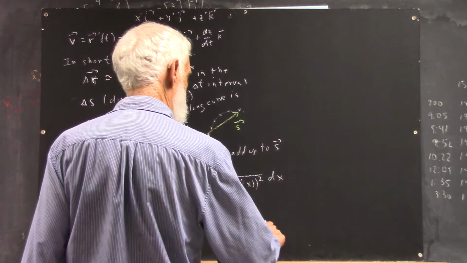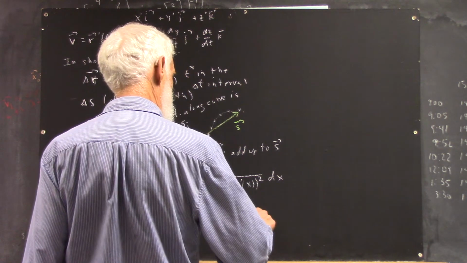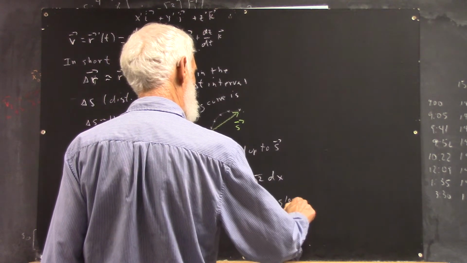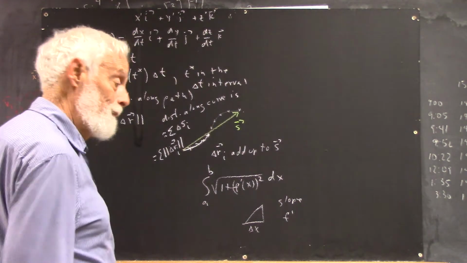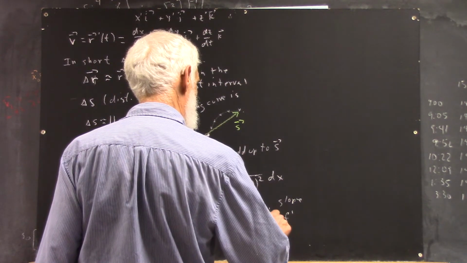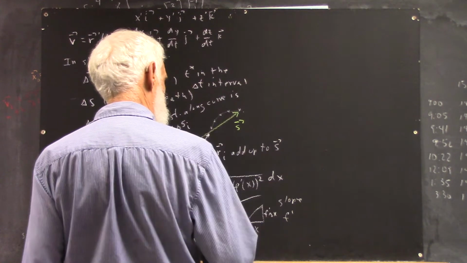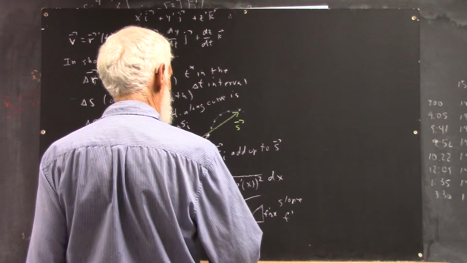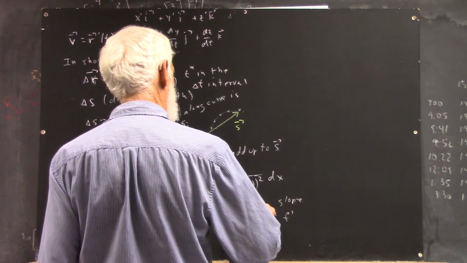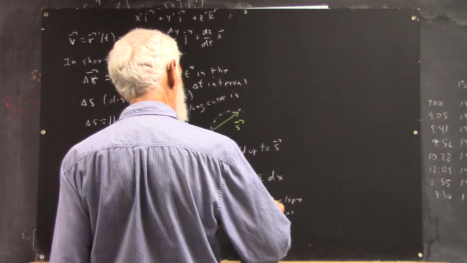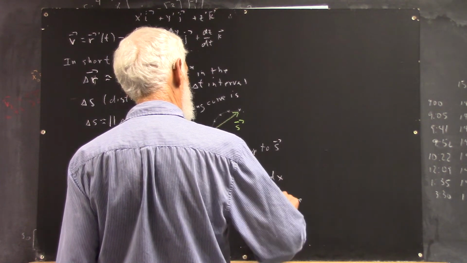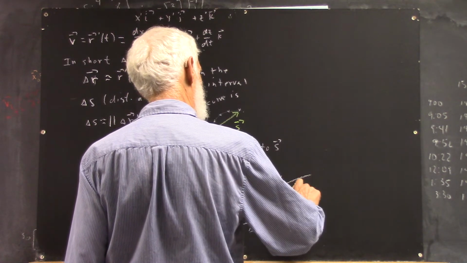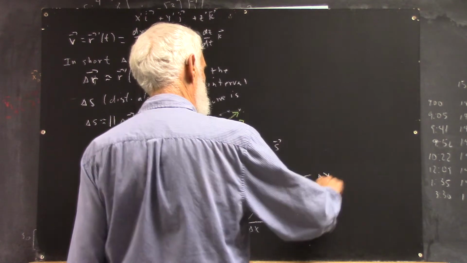You know, if you've got a delta x down here, and your slope is f prime, then this side is f prime delta x. So this is the square root of delta x squared plus f prime delta x squared, which is the square root of 1 plus f prime squared multiplied by delta x, right?